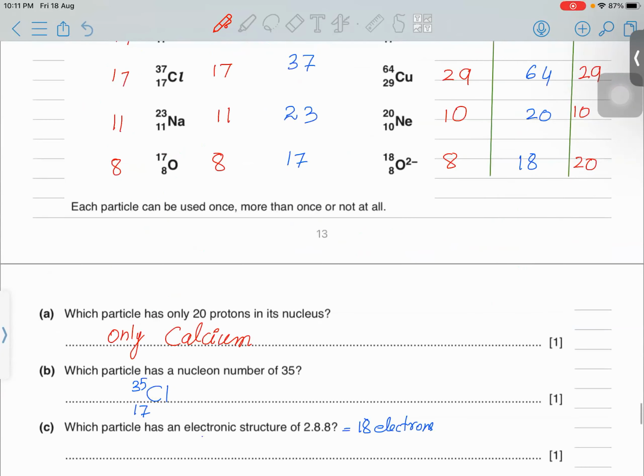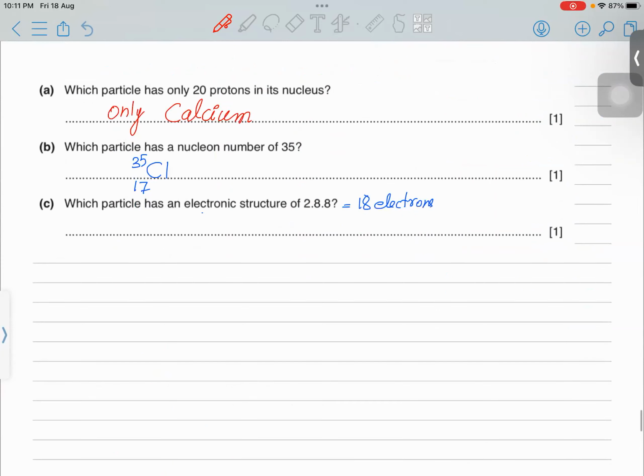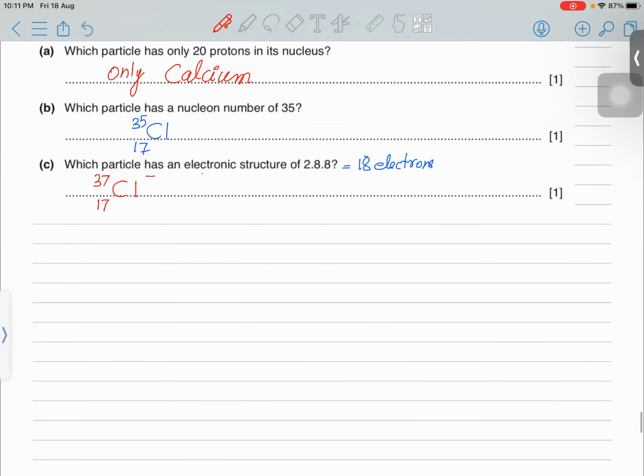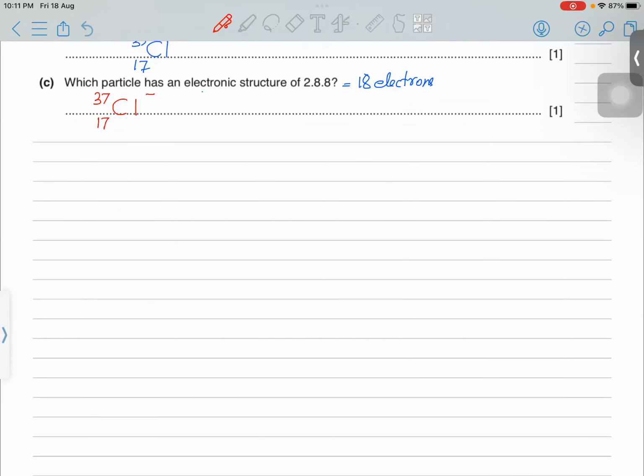So Cl minus, Cl minus 37, 17. Am I right? Now next part.